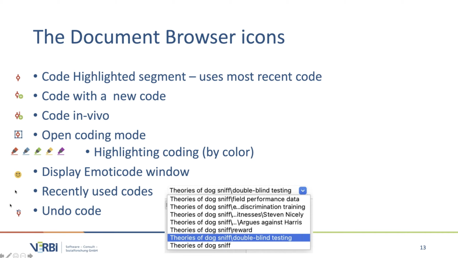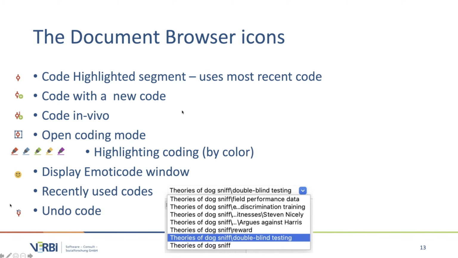Recently used codes is on the far left of the menu, and it looks sort of like this. It's a drop down of the most recent codes that you've used. I thought it was limited to 5, but it doesn't seem to be. And then the last one is the undo code, and all that will do is undo the last code you created or applied.